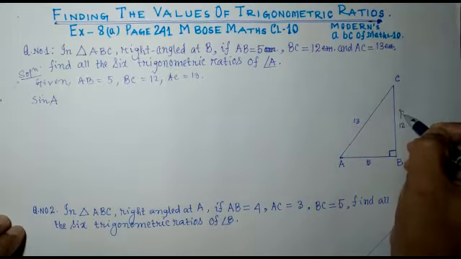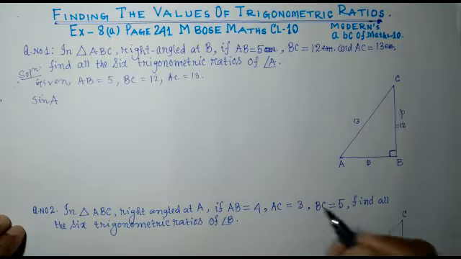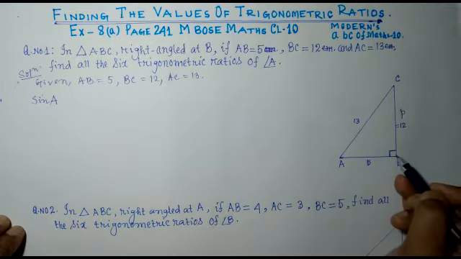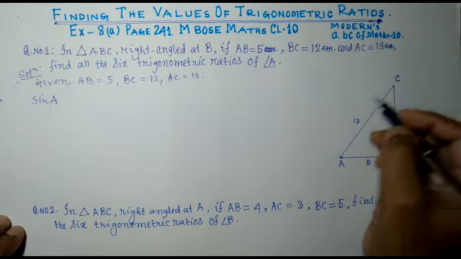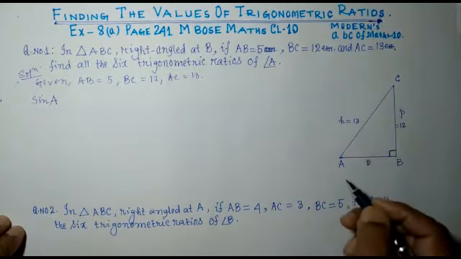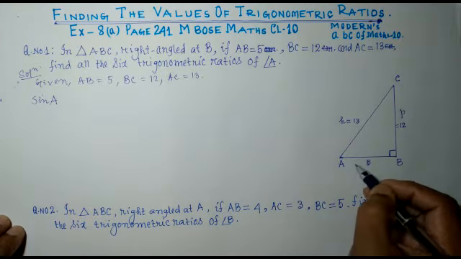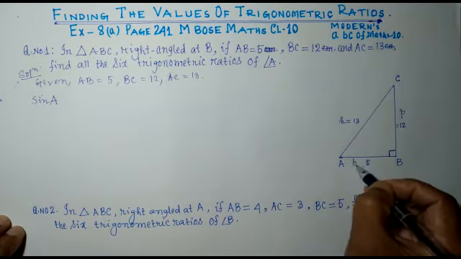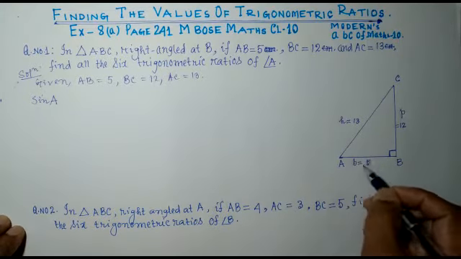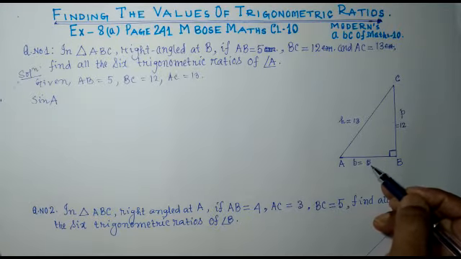We can write here P is equal 12. And from right angle B, the opposite side AC is our hypotenuse. We can write here AC is equal 13. And the third side remaining is AB. It is our base. We can write B for base. Base is 5.